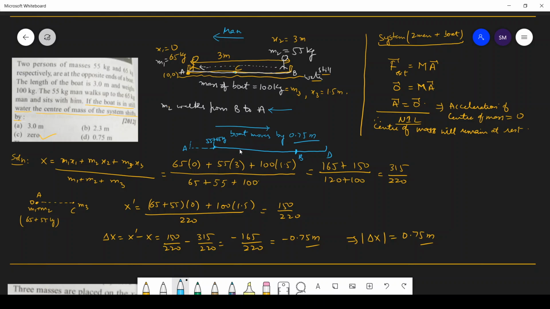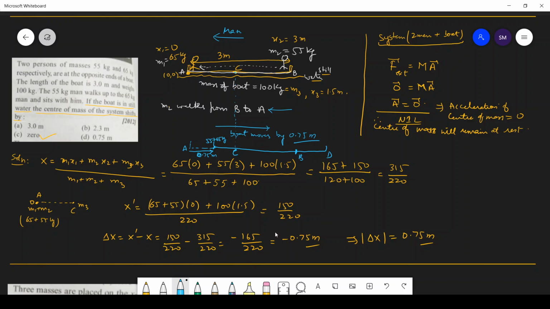So obviously the center of mass was here at C and it will remain at this point C. Center of mass has not moved. It remains at the same location as it was. The boat has moved this much distance, that is 0.75 meter.